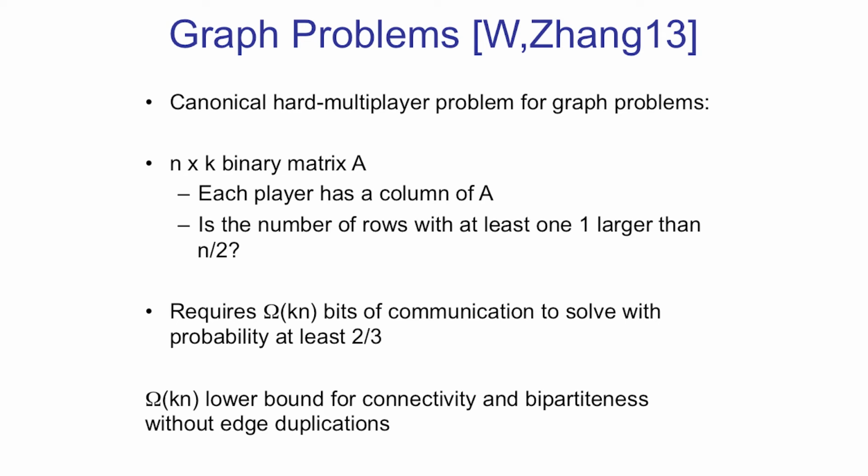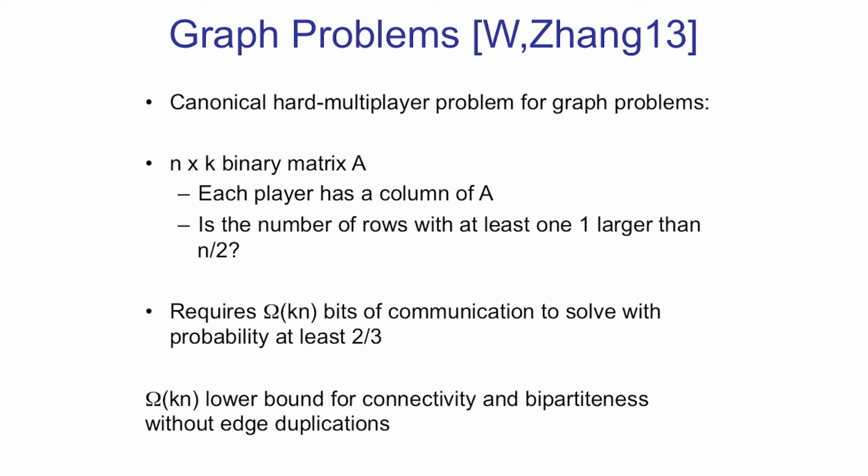It turns out to have a number of applications. One application is connectivity. Suppose you have a bunch of players who each hold a disjoint subset of edges of a graph. You want to know, if I take the union of all these edge sets, is the corresponding graph connected?